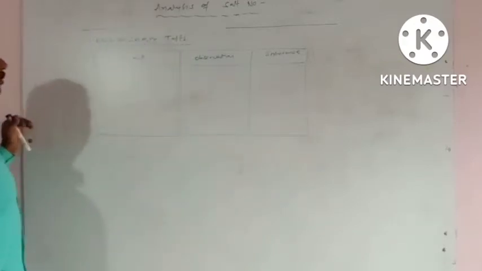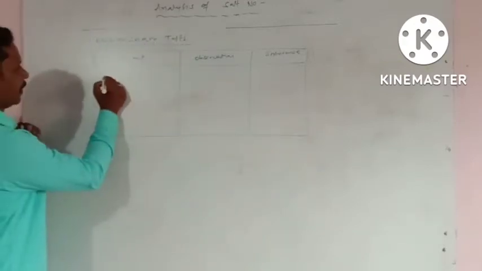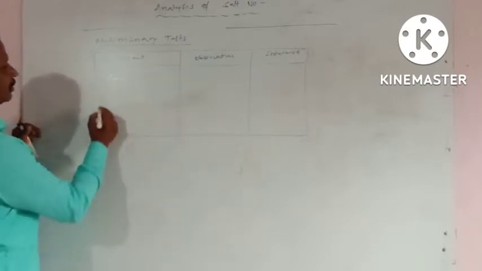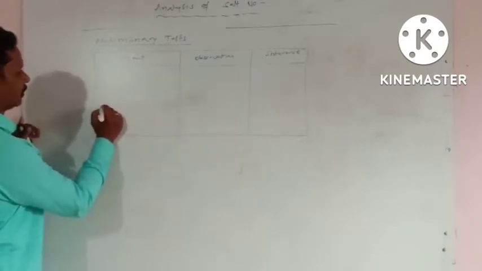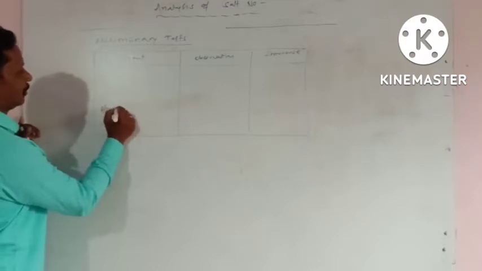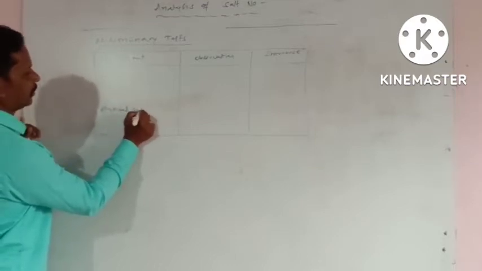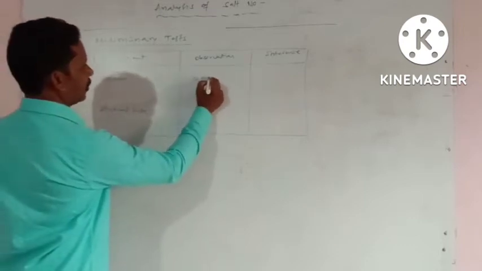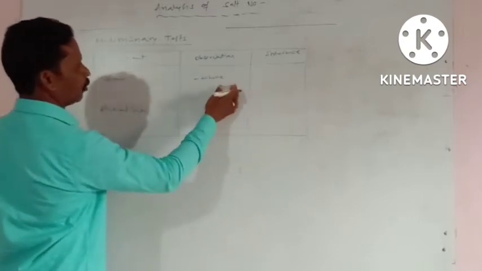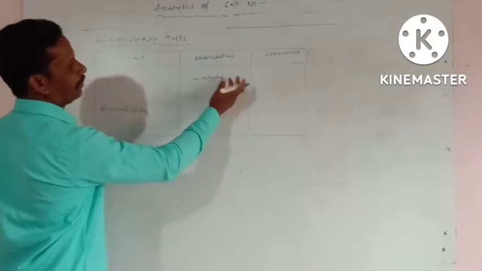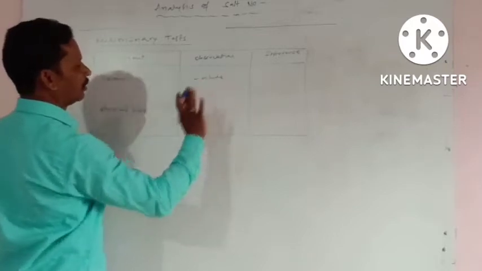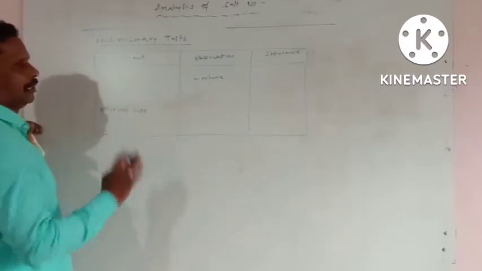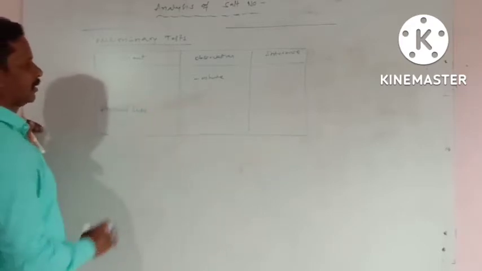In this table you will write only the color, which color is there, and the physical state. Suppose the observation is white in color. Whatever it may be, you write white or blue or black or green, whatever color is there in your observation, and in the scorer book you will write the same.